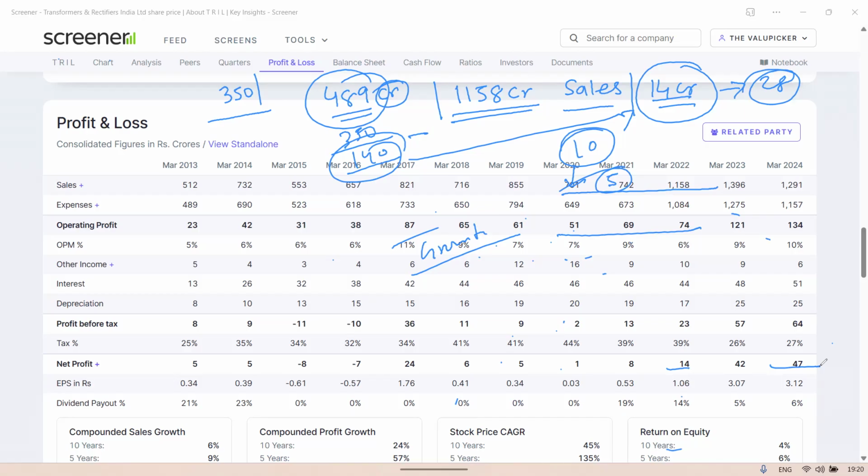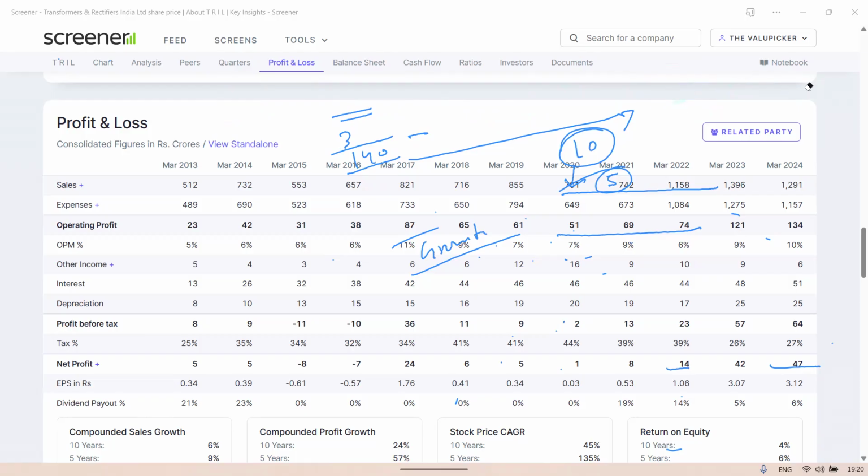So whenever you get businesses in this kind of valuation, you should pay attention if you understand a business properly. This is the simple valuation metric which people don't look at, and they go for very complicated analysis in the initial phase.